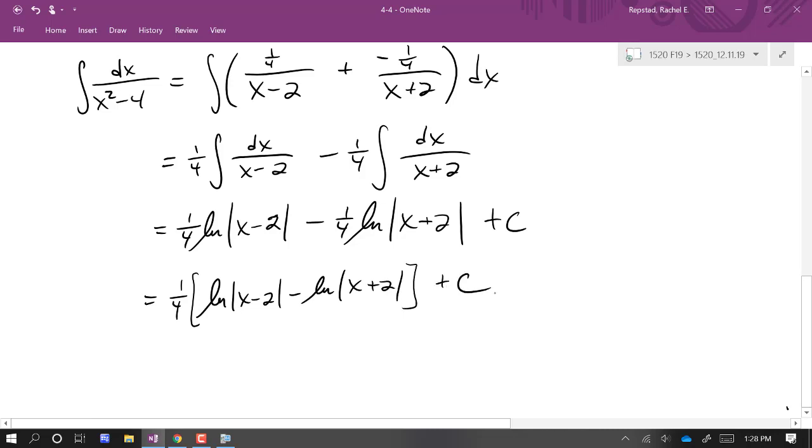What can we do when we subtract logs? Divide inside, right? Like write it as a single log. So this is 1/4 ln absolute x minus 2 over x plus 2. Huzzah. There. See, we don't need the table for everything, you know.